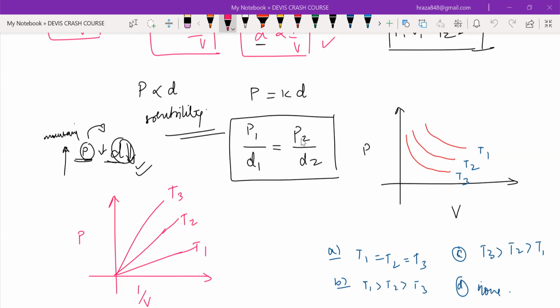Here also same, right? No, T3 is greater than T2 is greater than T1.